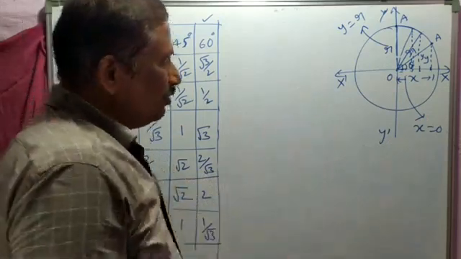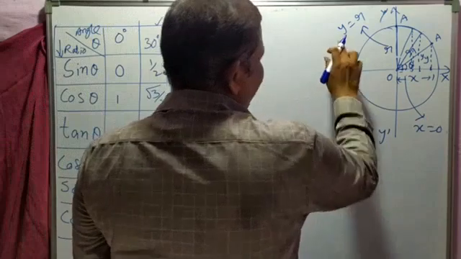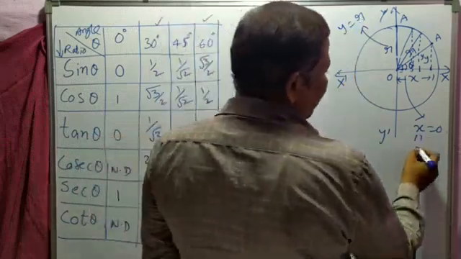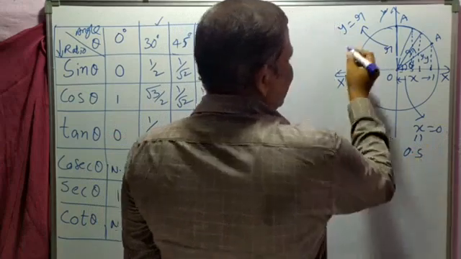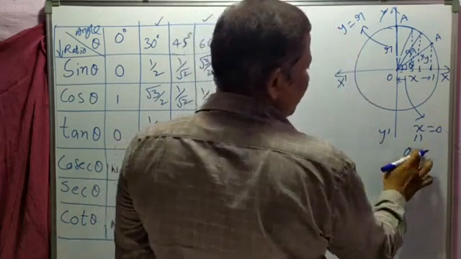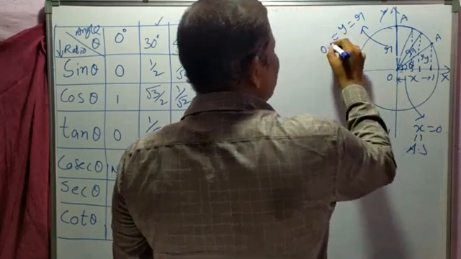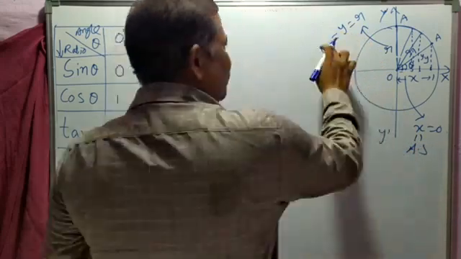Is it clear? So you should remember: y becomes r, x becomes 0. Here y means the opposite side, and x means the adjacent side.